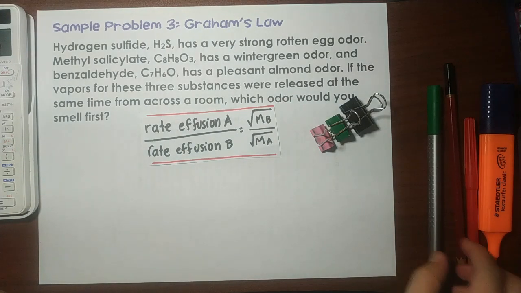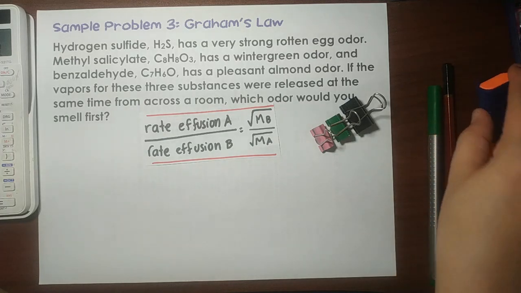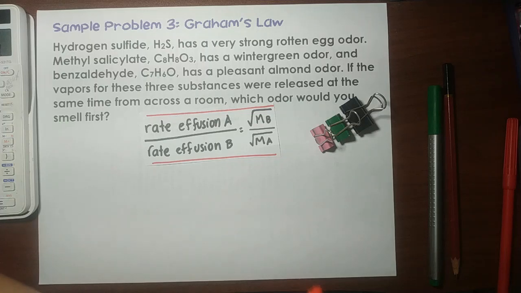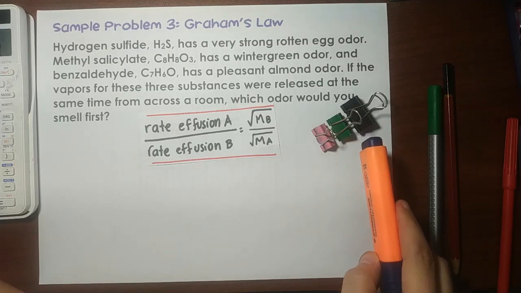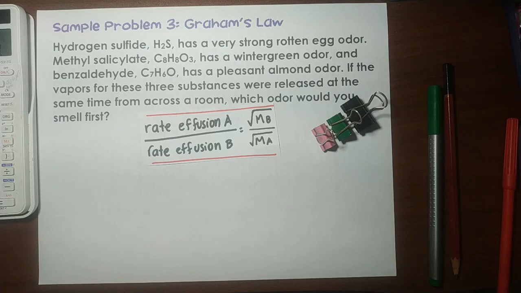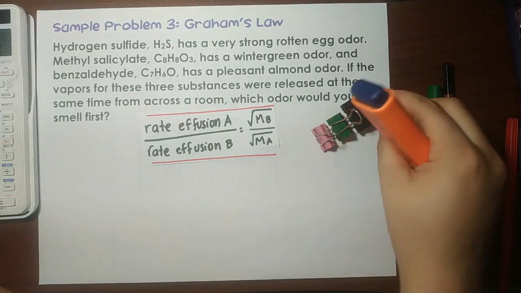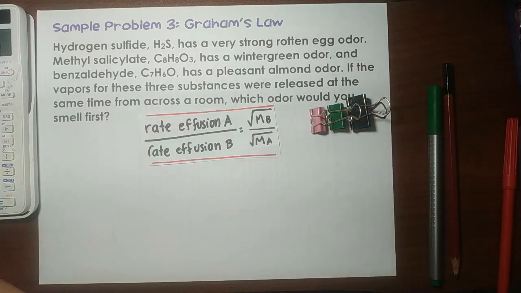Okay, imagine that I have in a room, in the same position, those three gases here. Let's say this is hydrogen sulfide, this is methyl salicylate, and this is benzaldehyde. Imagine those are bottles containing gases.